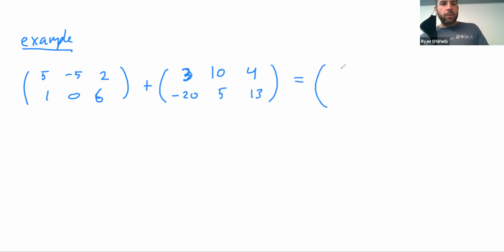So I just do each component. 5 and 3 is 8. Negative 5 and 10 is 5. 2 and 4 is 6. Negative 19, 5, and positive 19.